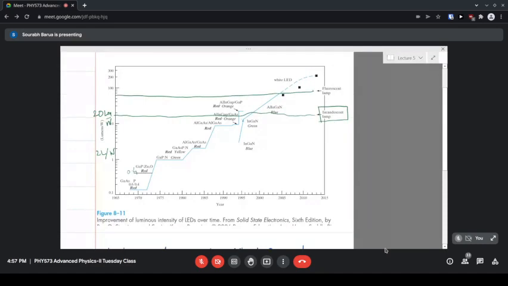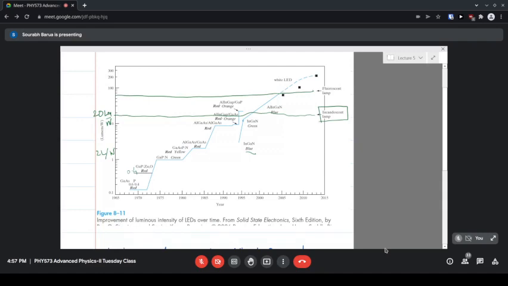And moreover, till 1995, blue color came for the first time. Before that, there was no blue color. And for white LEDs, we cannot use green, red, or orange as our light for illumination. So that was one reason that blue LEDs were discovered quite late.